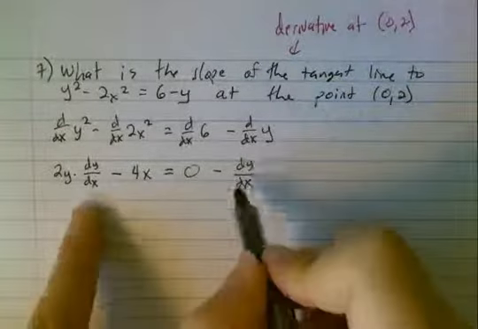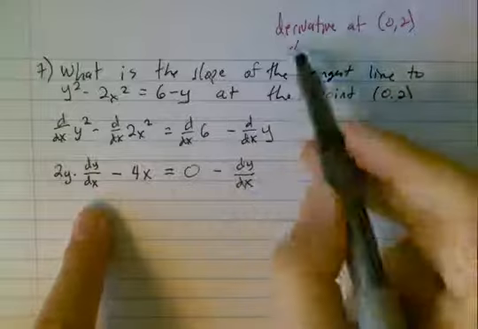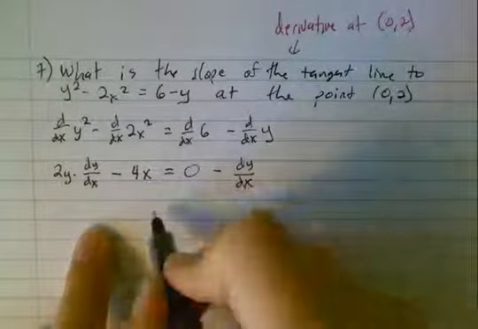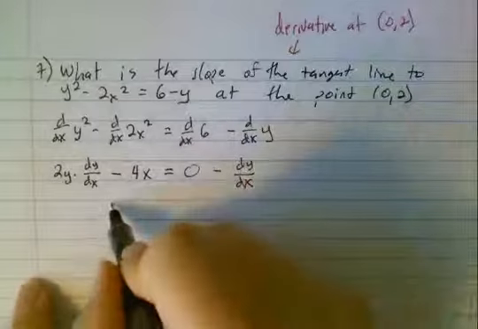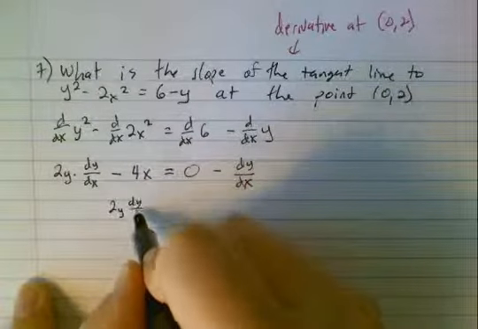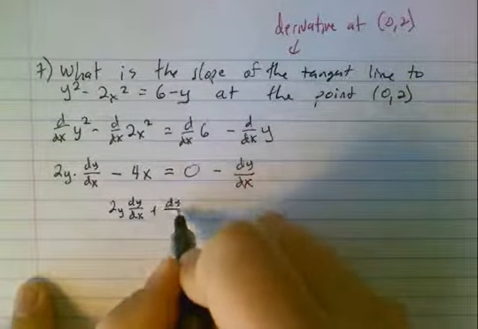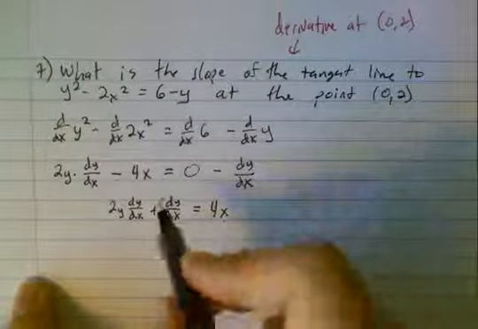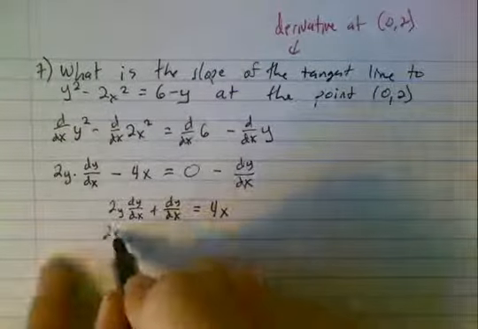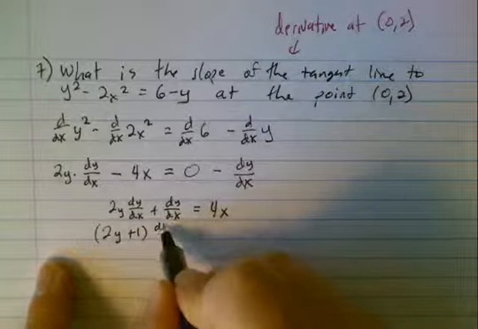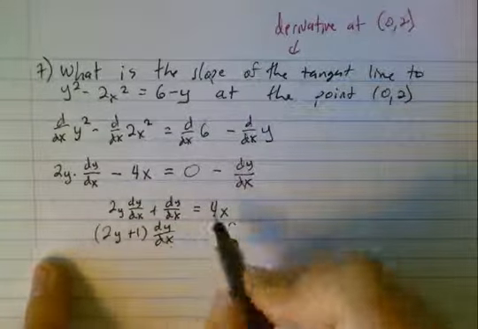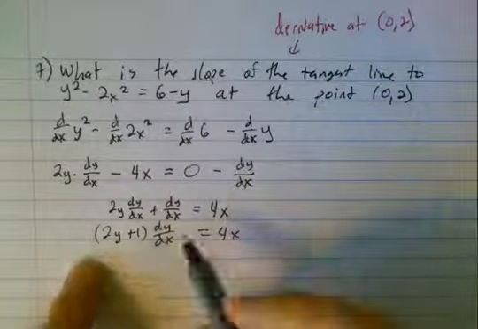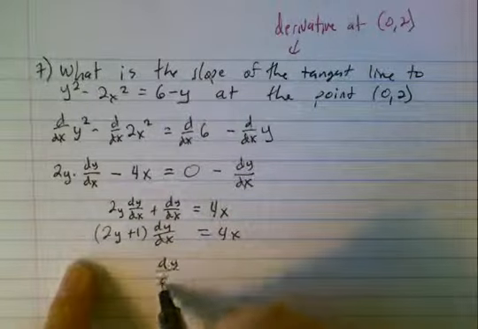Okay, now we can treat this dy dx that we're trying to find, because that's our derivative, just like another variable. So I'm going to add dy dx to both sides. Add 4x to both sides to get it over here. Can factor out. Now I can divide both sides by this 2y plus 1.